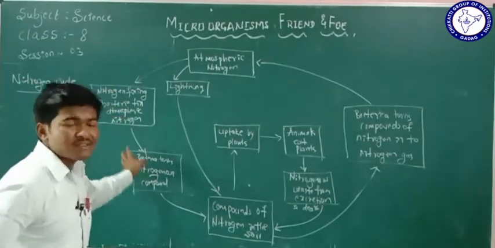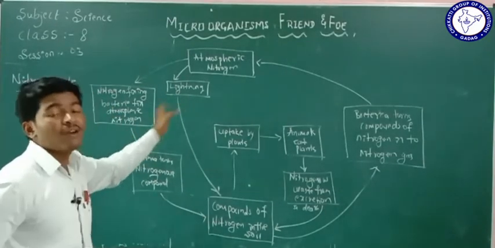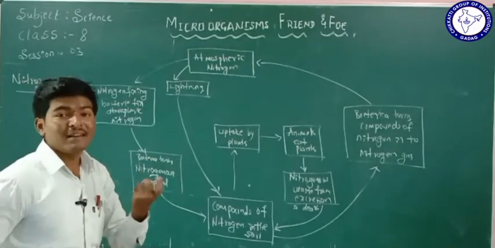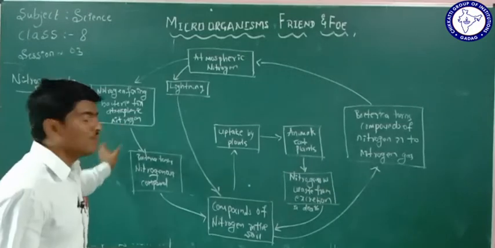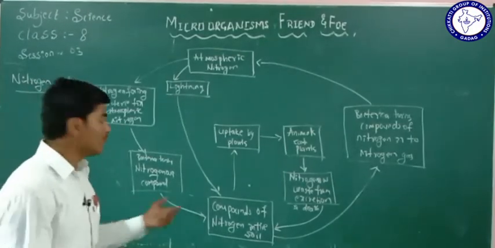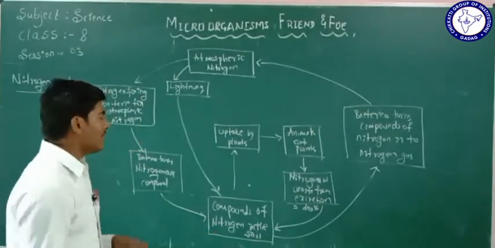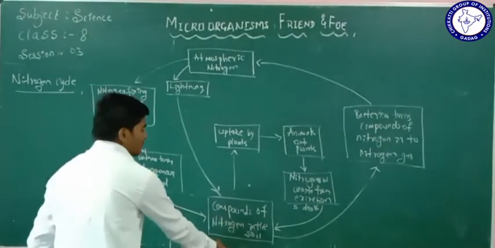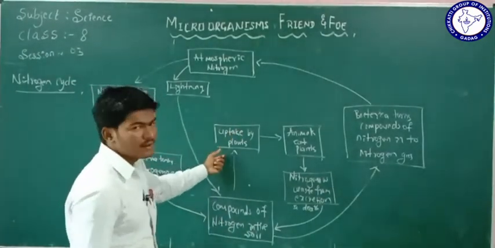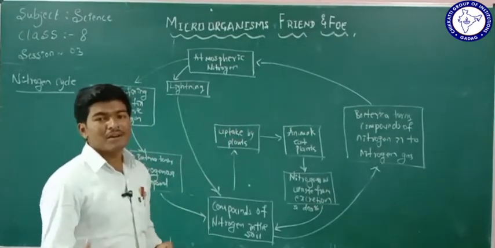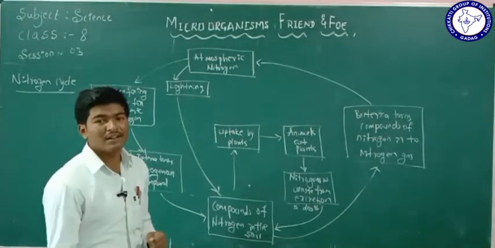The bacteria, one of the microorganisms, is the rhizobium, which is utilized here to fix the nitrogen and convert it into nitrogenous compound. When the nitrogen is converted into nitrogenous compound, it is taken up by the plants from the soil.